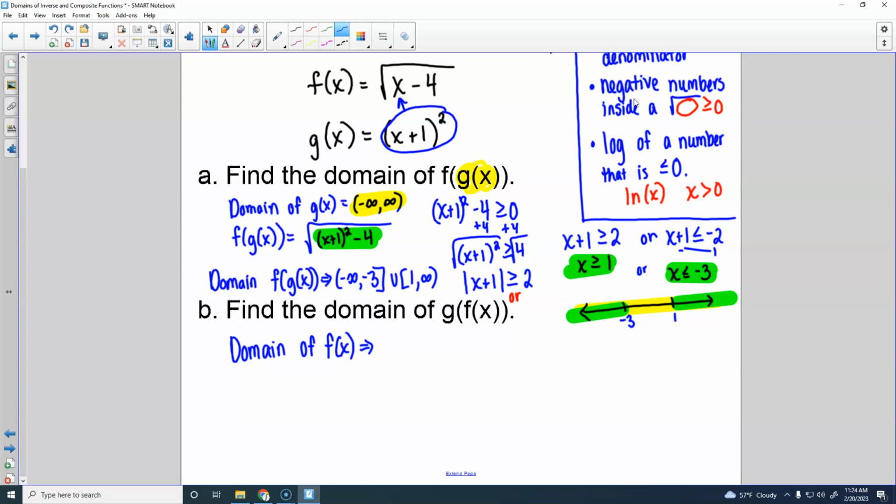Whatever is underneath that square root, which in this case is x minus 4, has to be greater than or equal to 0, which tells me that x would have to be greater than or equal to 4.